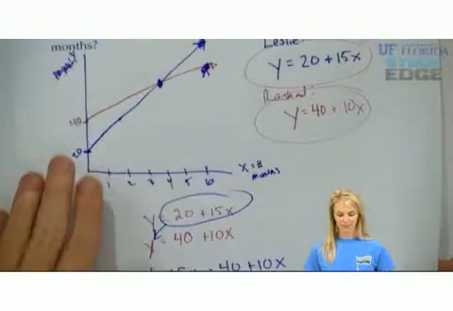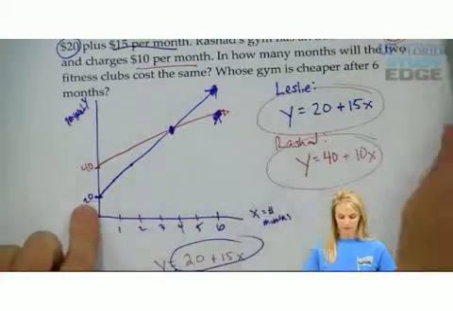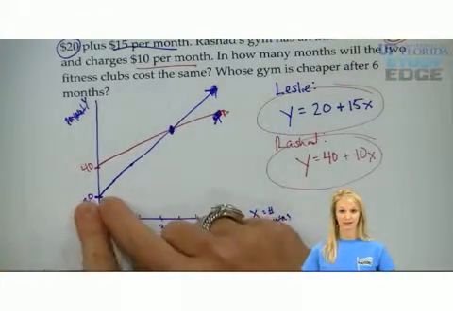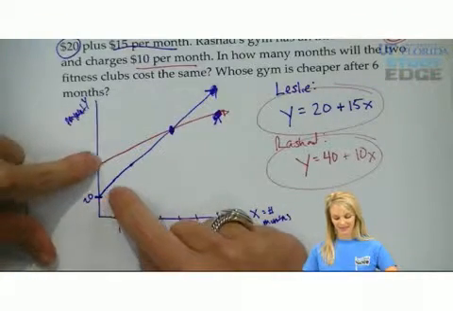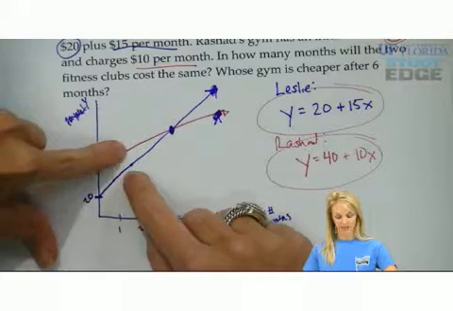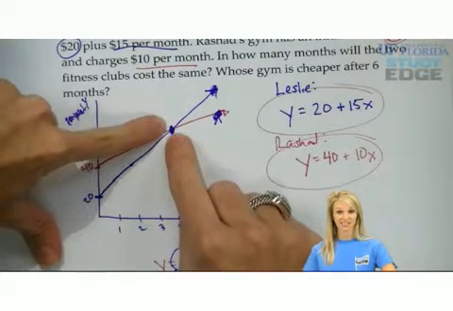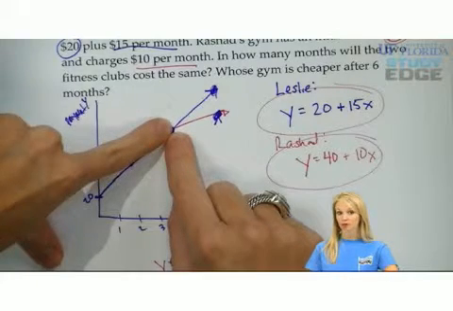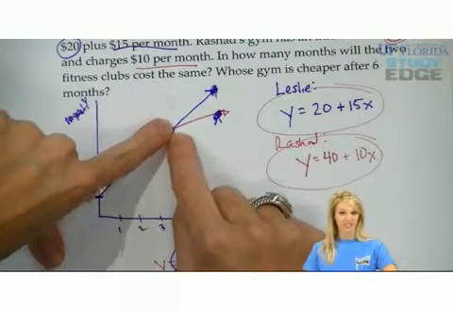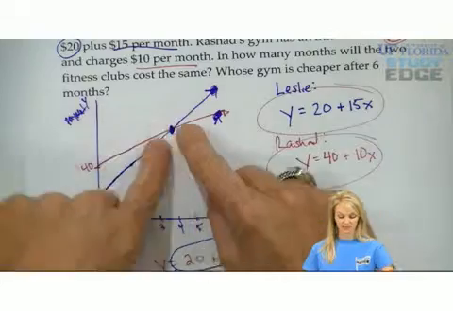Now, what we see happen with these two lines is that Leslie starts out by paying less, with a higher monthly fee. The total amount that she's paid is less than the total amount that Rashad has paid up until 4 months. Once they get to 4 months, they're equal. Now, if they keep a gym membership longer than that, it starts to even out. At 4 months, it's even.